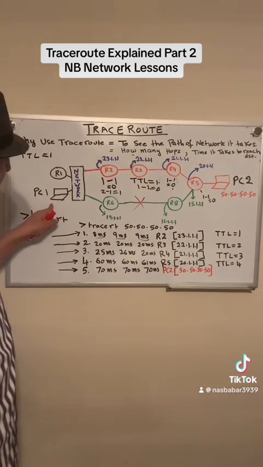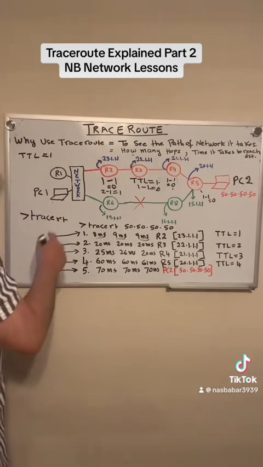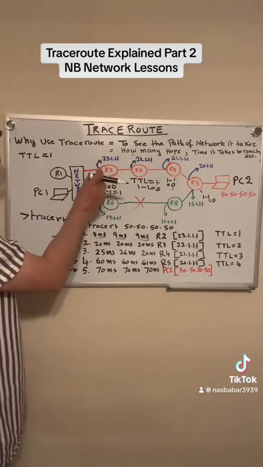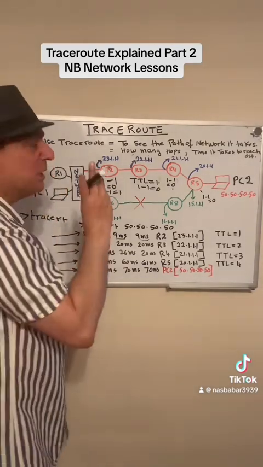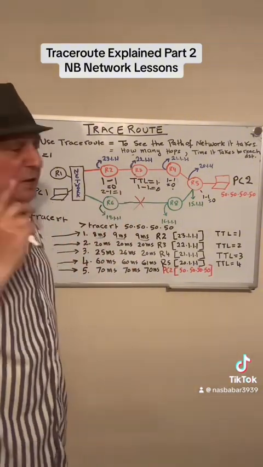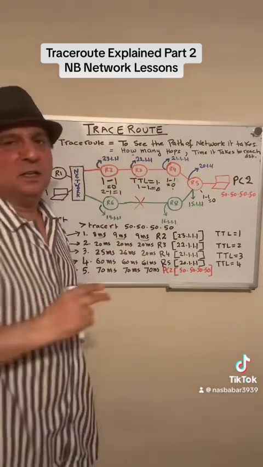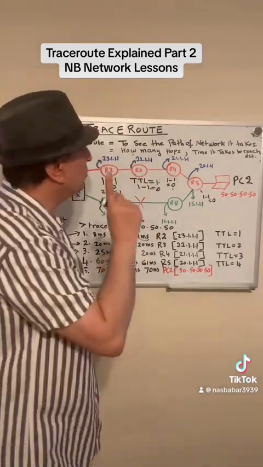Now PC1 says, okay, let me send it with TTL 4. So it sends it with TTL 4, R2 is going to take it, decrement it by 1, so it becomes 3. R3 sees it, decrements it by 1, TTL becomes 2. R4 sees it, decrements it by 1, it becomes 1.